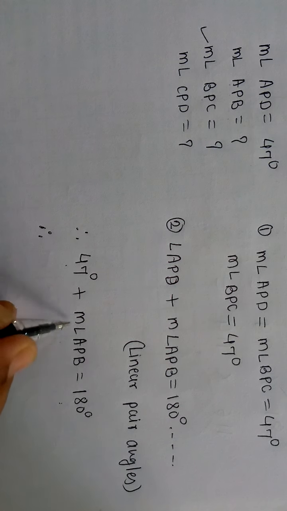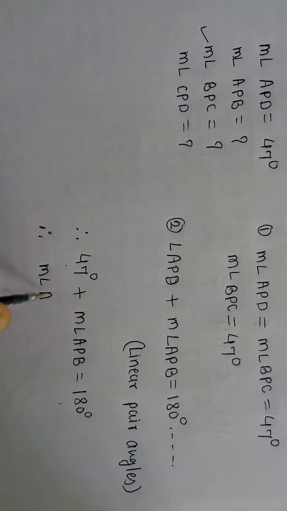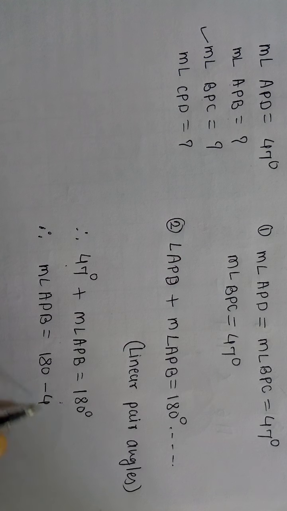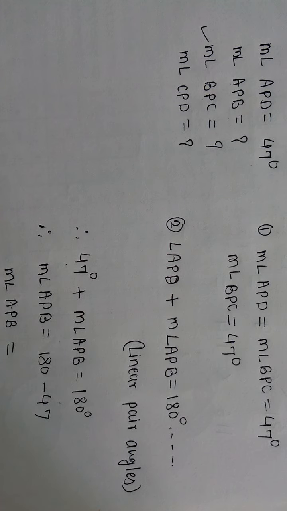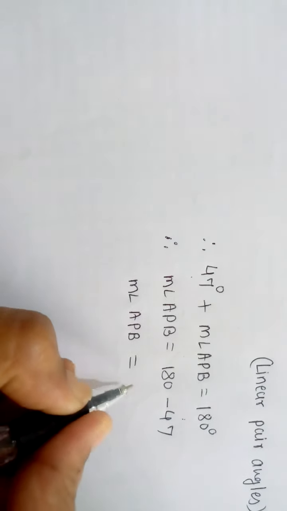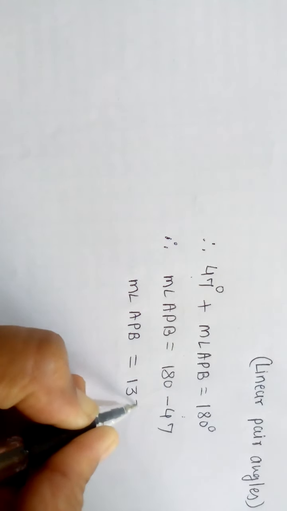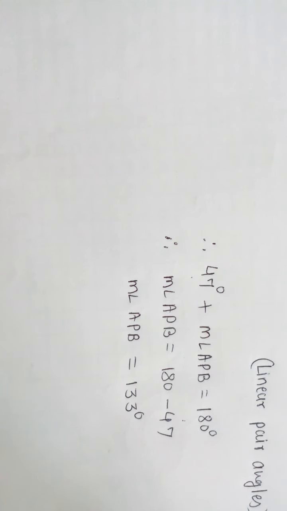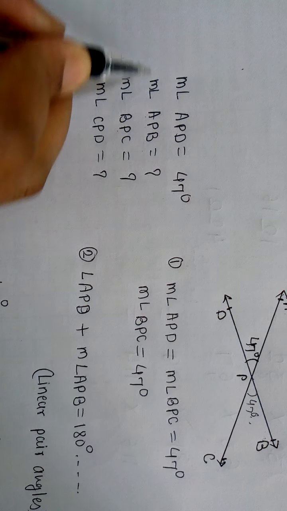Now we will find out measure of angle APB is equal to 180 minus 47. So measure of angle APB is equal to 180 minus 47, which is 133 degrees. Now we got this angle APB.